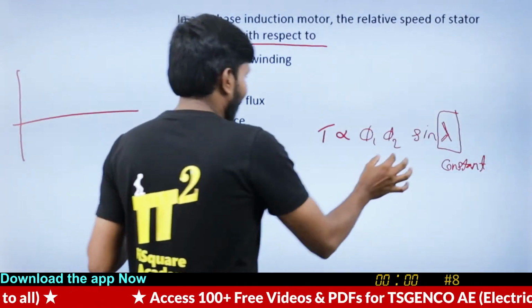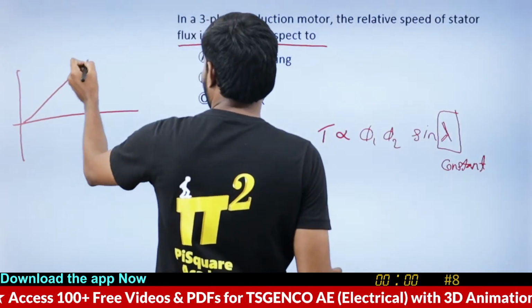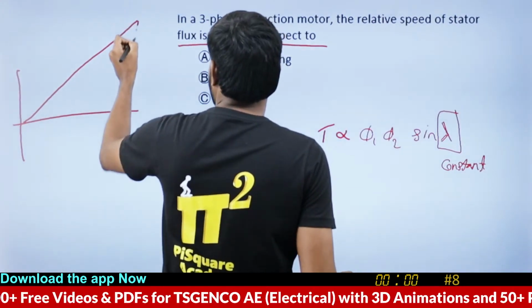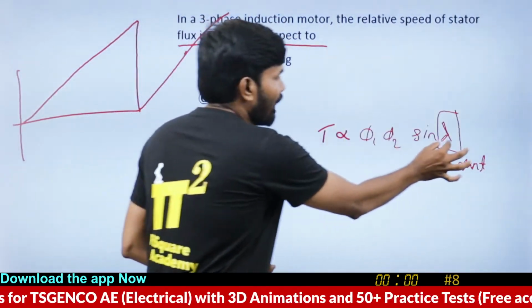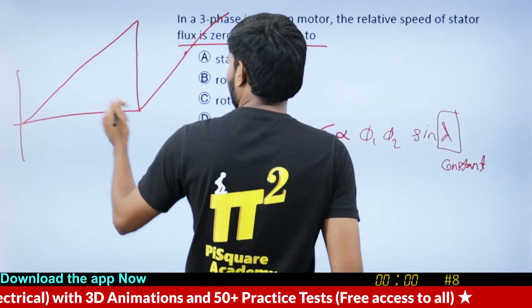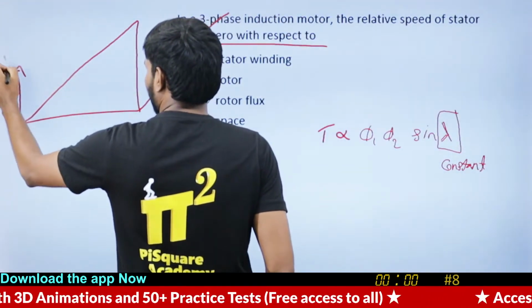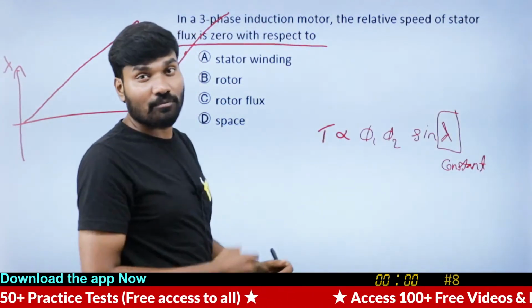The angle between phi1 and phi2 will keep on increasing. Again at 360 degrees, again it will keep on increasing like this. This will be the lambda. If lambda is like this, how will the torque be?